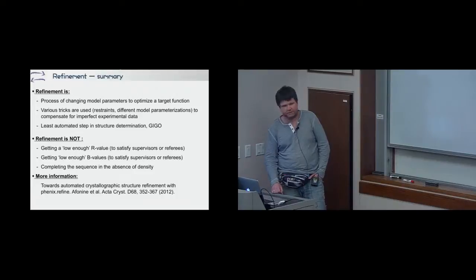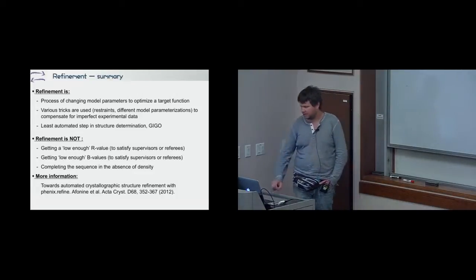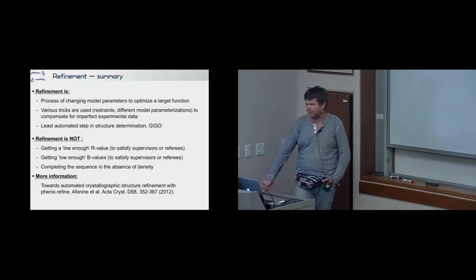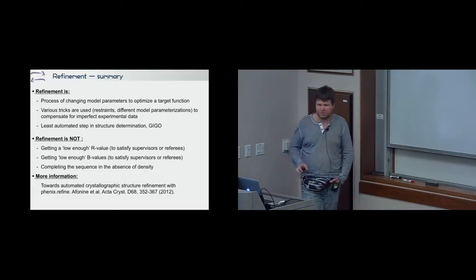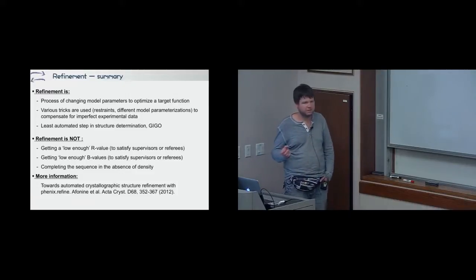So just a quick summary of what I just said. What is refinement? Refinement is the process of changing model parameters to optimize your model so that it fits the data. We use various tricks to make this possible, including using various restraints depending on the context.